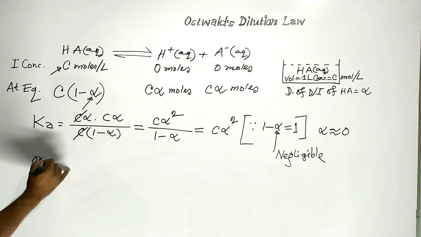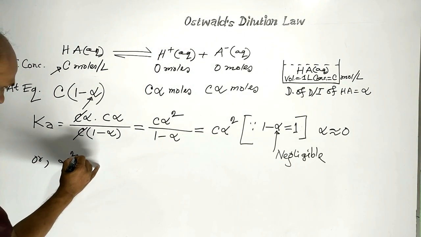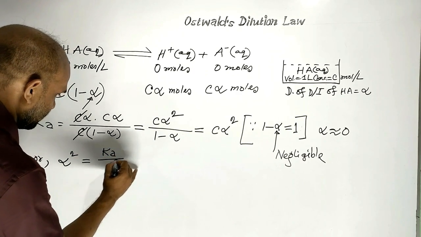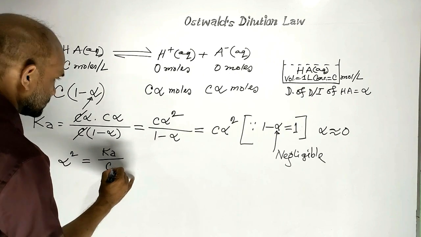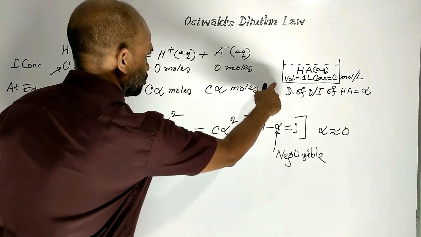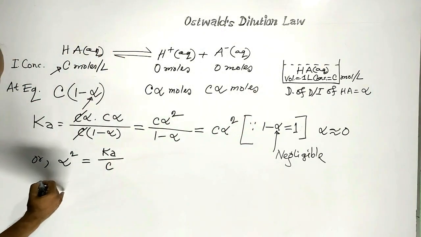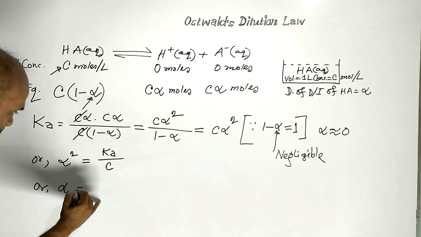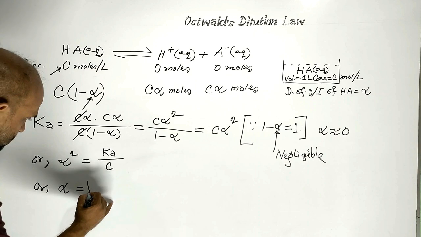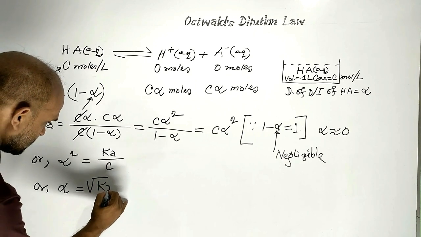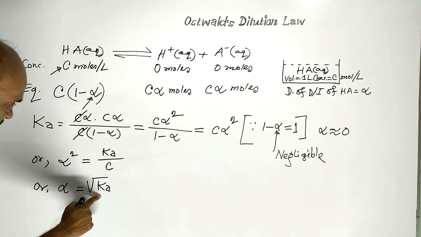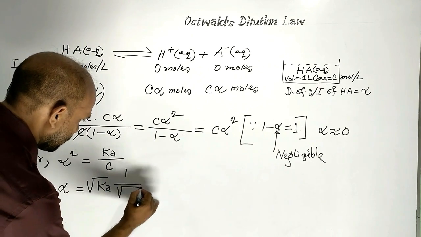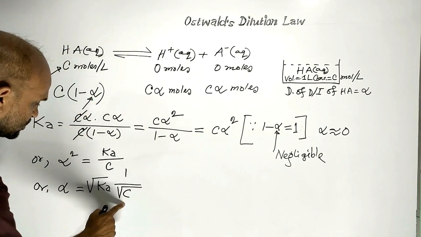Then alpha square is equal to Ka by the concentration of the solution of the weak electrolyte. Then alpha is equal to root over of acid dissociation constant times 1 by root over of the concentration of the solution.